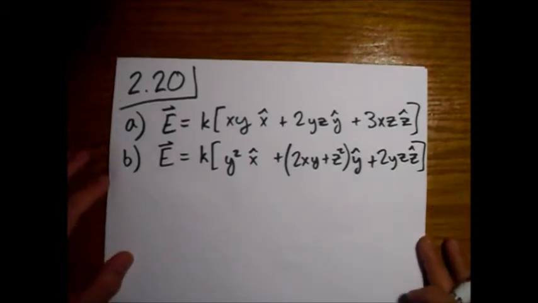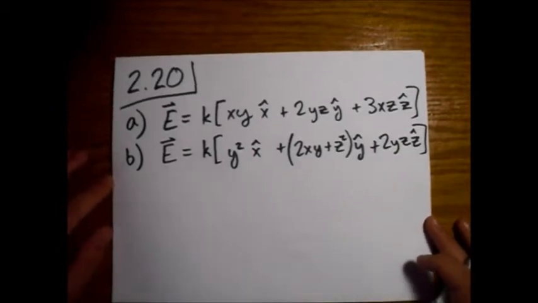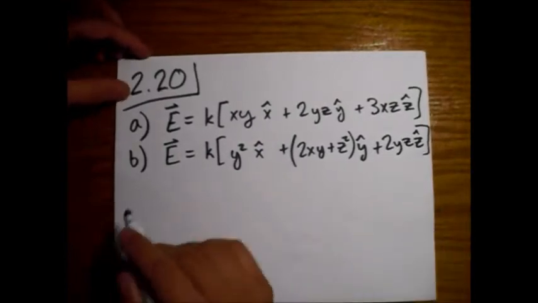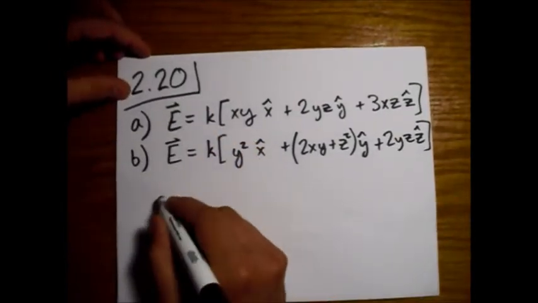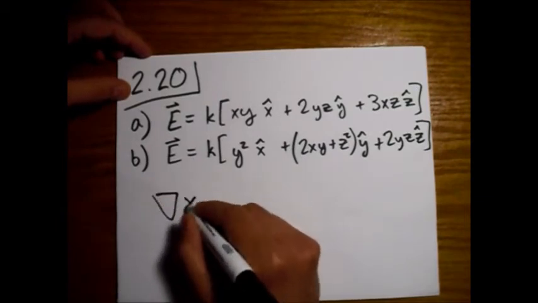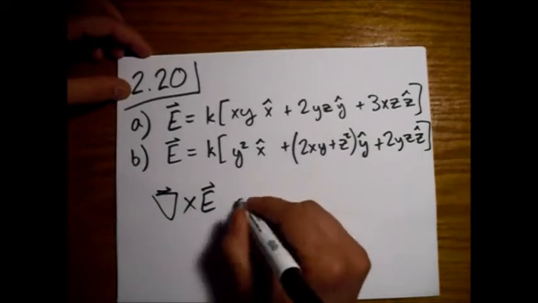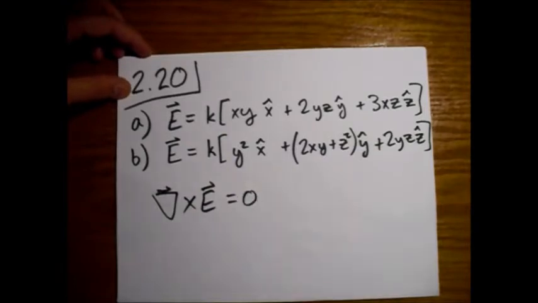So the way we're going to do this is just take the curl of these two fields, because in electrostatics the curl of any electrostatic field will be equal to 0.